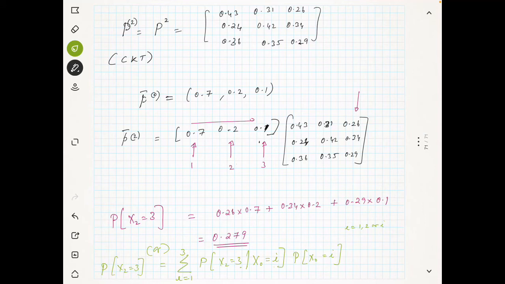That means I start from 1, then I move to 2, then I move to 3, and then I move to 3. This is possible. Similarly, I start from 2, then I move to 2, then I move to 3.